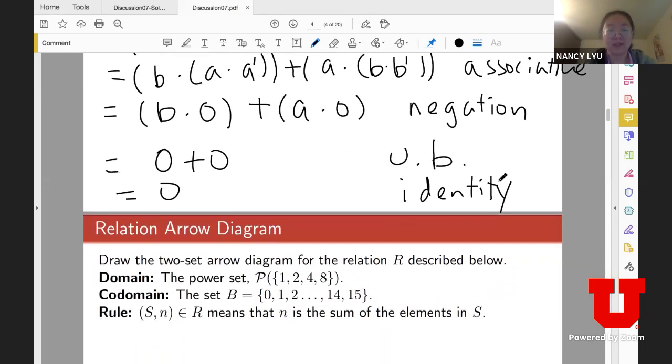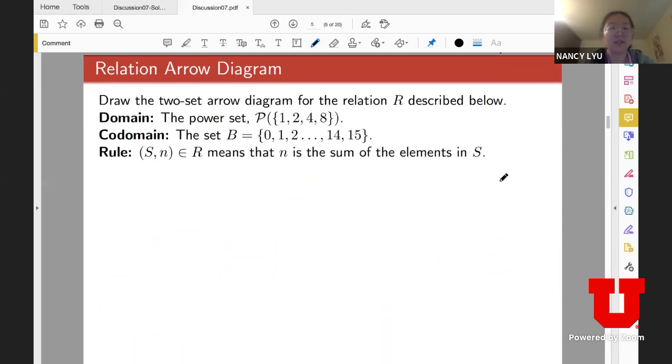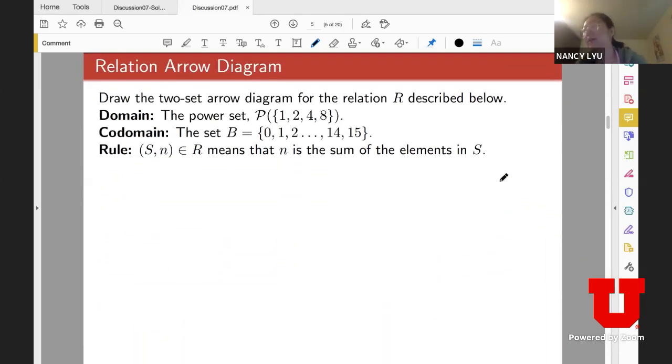All right. So the next one is the relation arrow diagram. We want to draw the two-sided arrow diagram for the relation R, which is defined as n is the sum of the elements in S. So remember how we draw the two-sided arrow diagram?